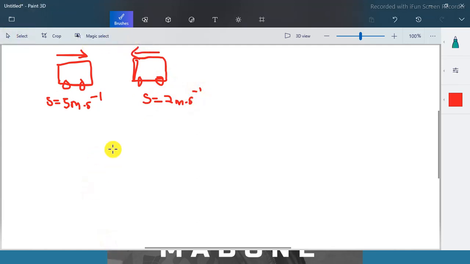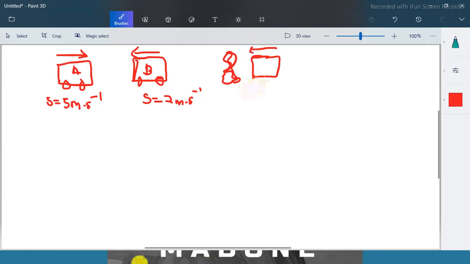Now we have these two cars, right? One is moving in that direction and one is moving in that direction. And then something happens here. They collide, okay? When they collide, after they collide, this one, okay, let's call this one car A. Let's call this one car B, right? And after collision, car A actually goes that way.